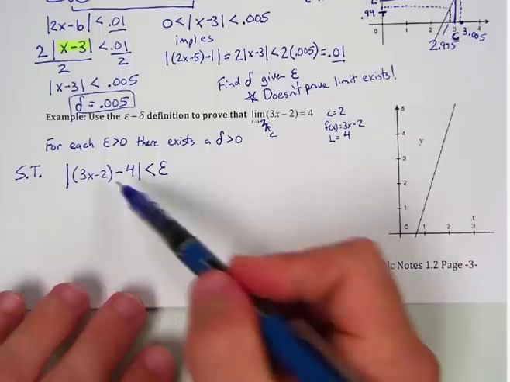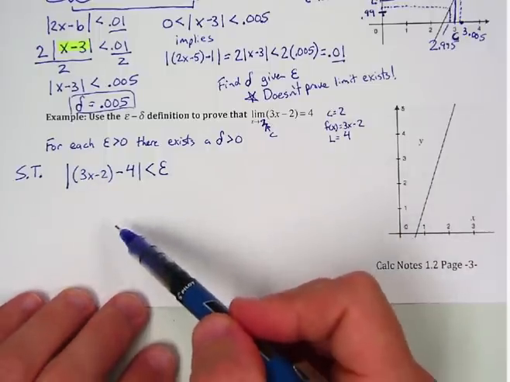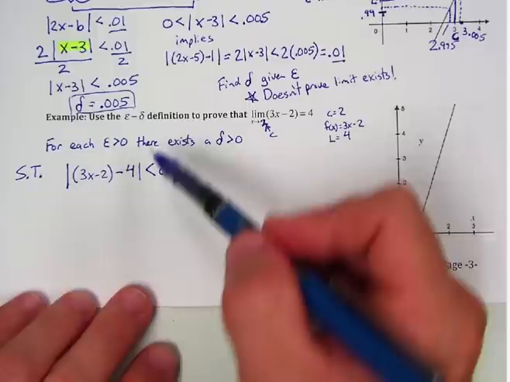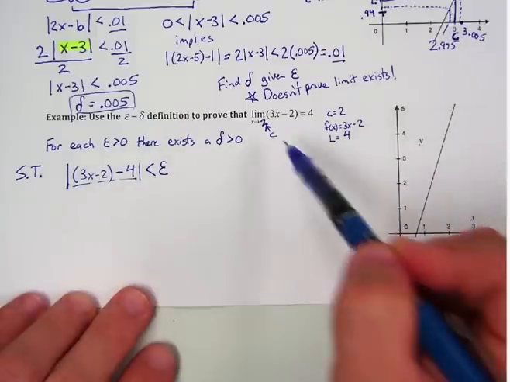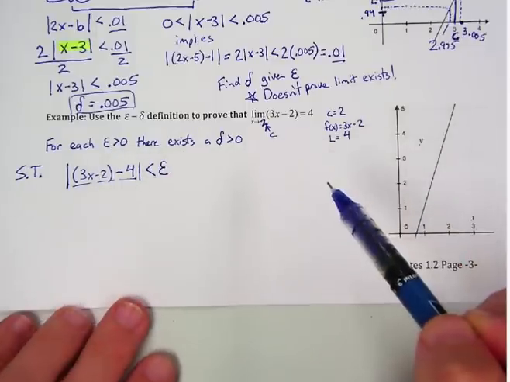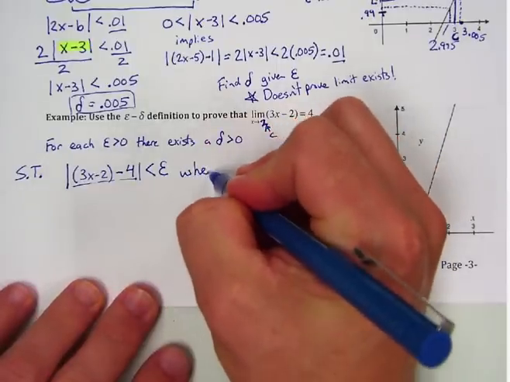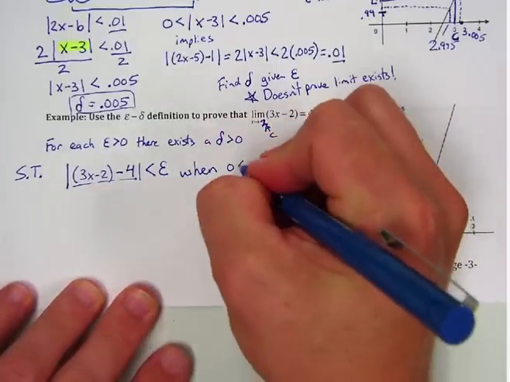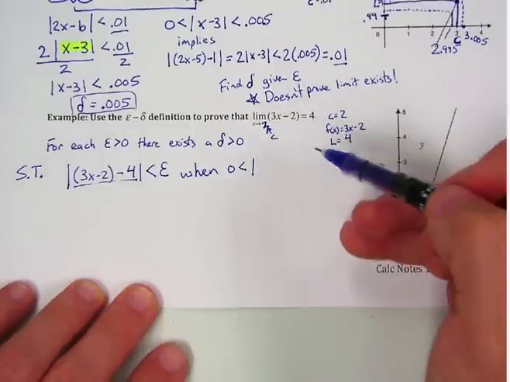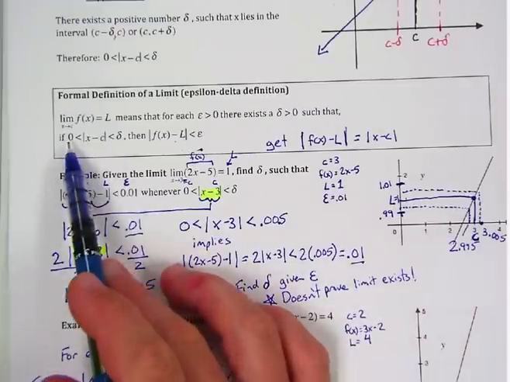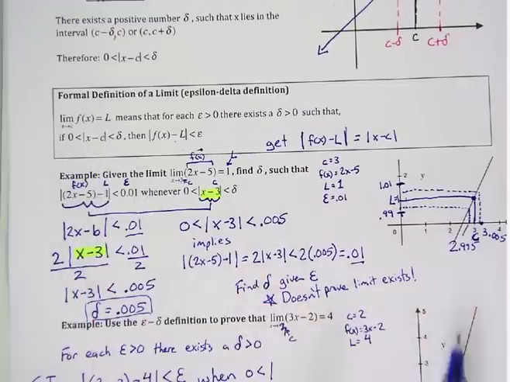Now this becomes very similar to what we did in the previous example. We want to get this whole part to look like, well, what are we trying to get it to look like? When 0 is less than the absolute value of x minus c, so we're just going to take this whole second part right from here.